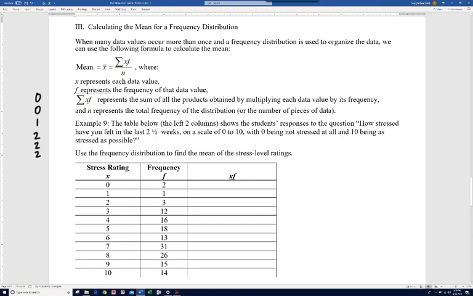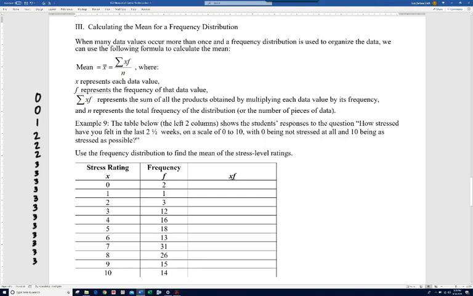And we'll do one more. The data value 3, so people that rated themselves at a stress level of 3, well, there were 12 of those. And so that's the idea. So this table is just basically making it so that we don't have to write all these numbers out.